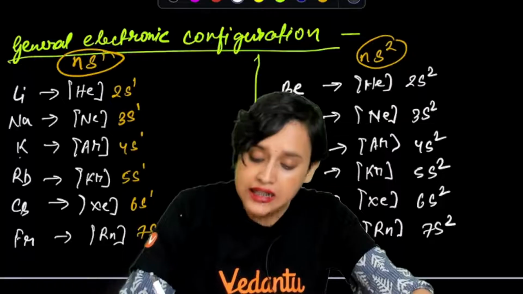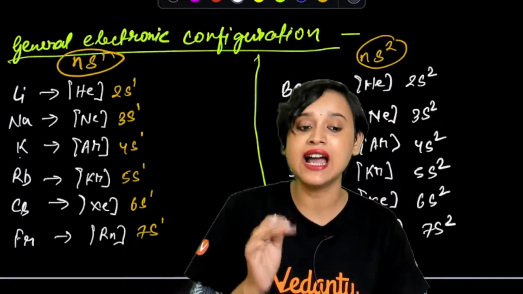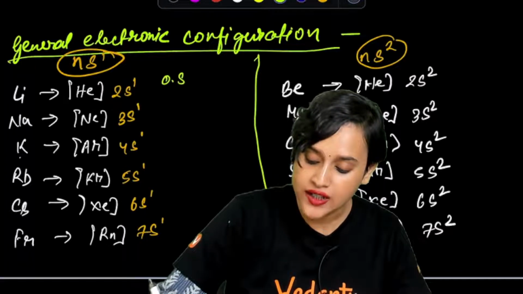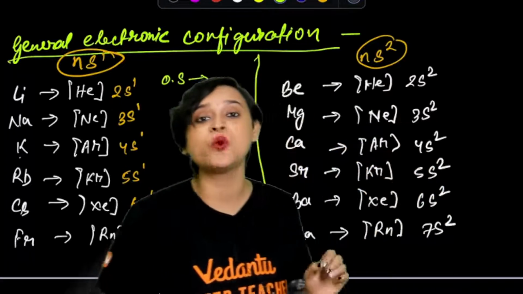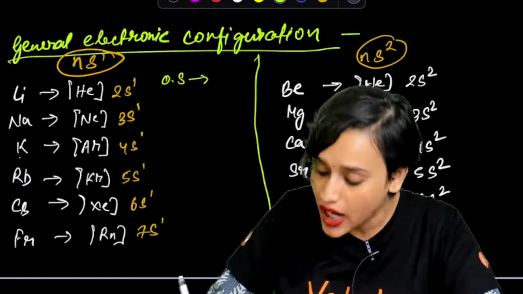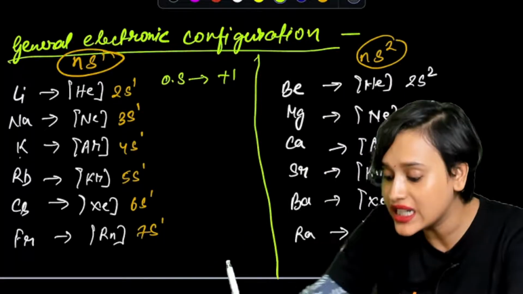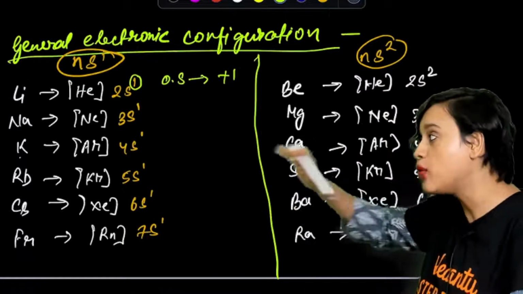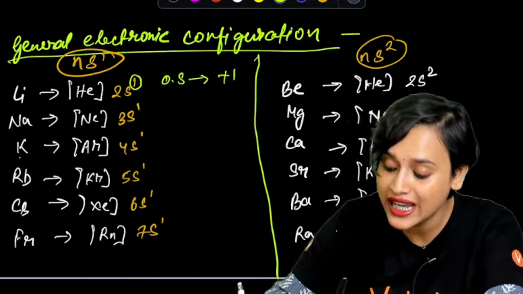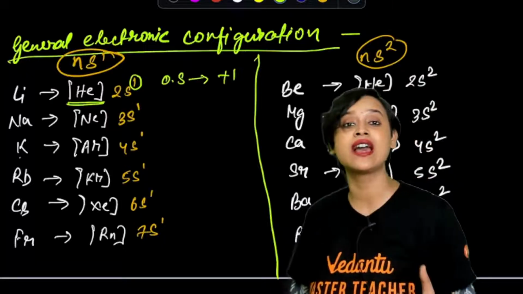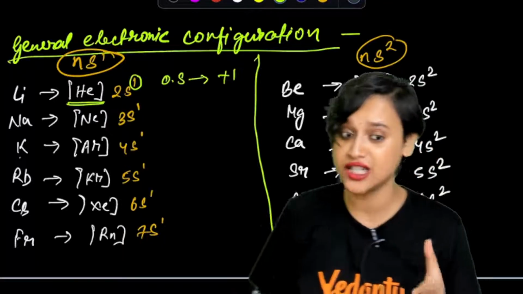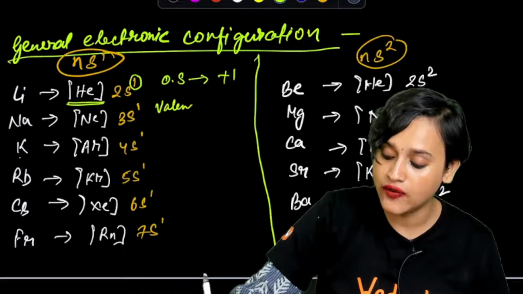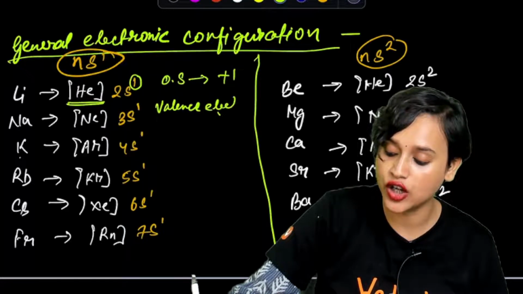Now, we can clearly see that the oxidation state of the group 1 elements will be +1, because the moment they give away this one electron, they can easily attain the noble gas configuration. Now, if you want to ask me, ma'am, how many valence electrons are there?